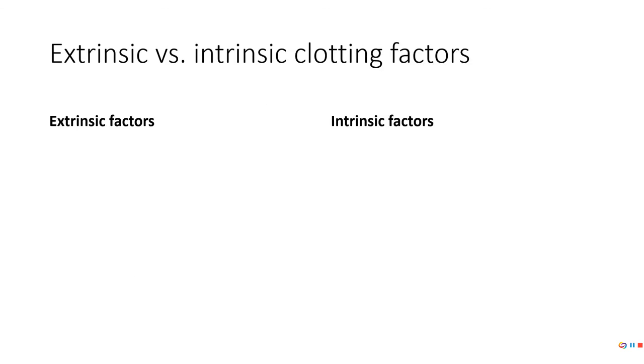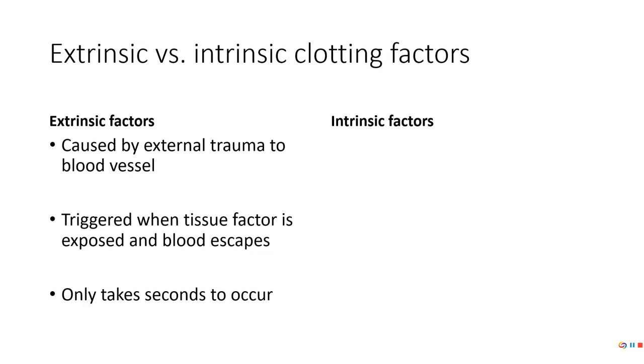So with these clotting factors, for this last step, there are intrinsic and extrinsic factors. Extrinsic factors are caused by actual trauma to the blood vessel. These factors are activated, and there's lots of them, when something called tissue factor is exposed, and also blood escapes out of the vessel. This happens very rapidly, in a matter of seconds.